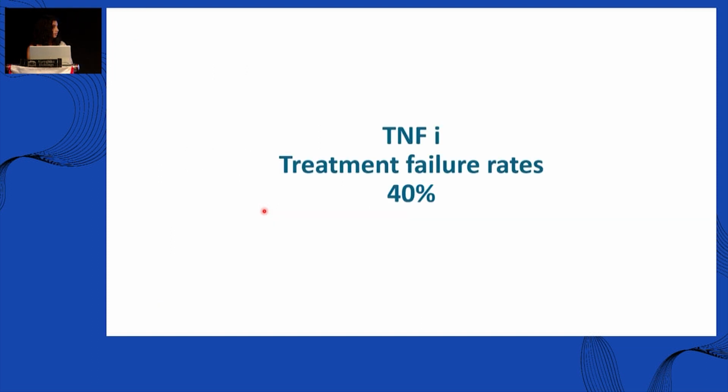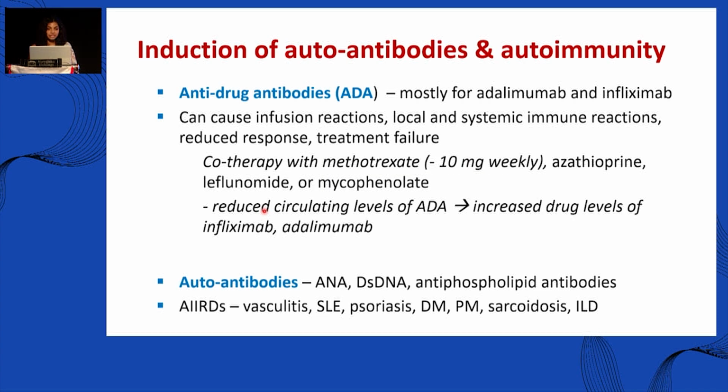Another problem with TNF inhibitors is treatment failure. In some of the studies, it's as high as 40%. And one of the main reasons for treatment failure is anti-drug antibodies that are formed against these TNF inhibitors. So when you get anti-drug antibodies, you can get infusion reactions, it could be local or systemic immune reactions, and also there's treatment failure.